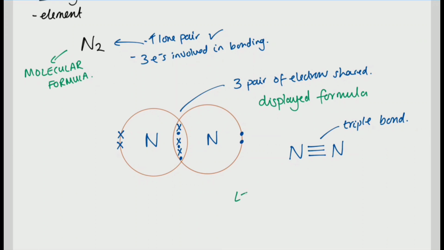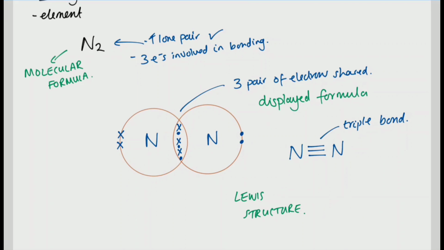Now we can convert this displayed formula into a Lewis structure by adding the lone pairs. So we have 1 lone pair on each nitrogen atom. We add it there, and this turns this into its Lewis structure.